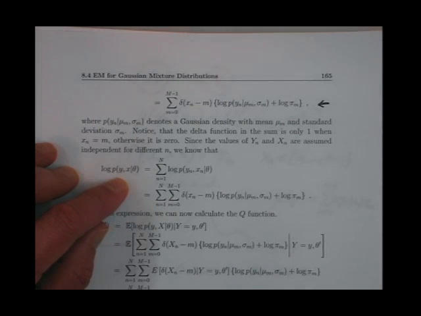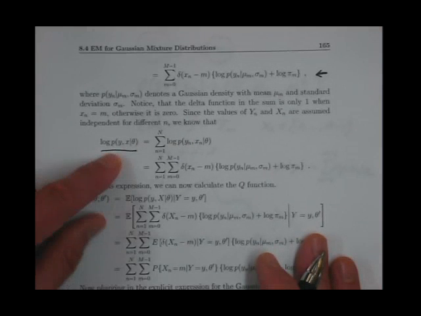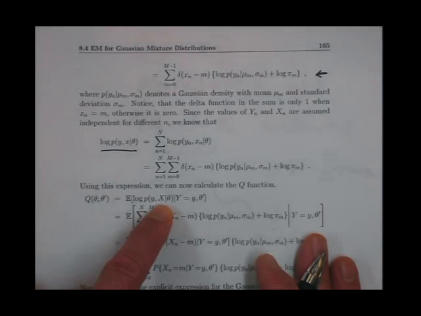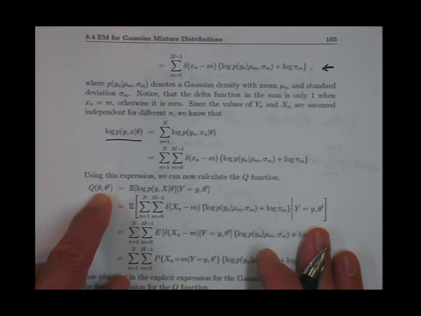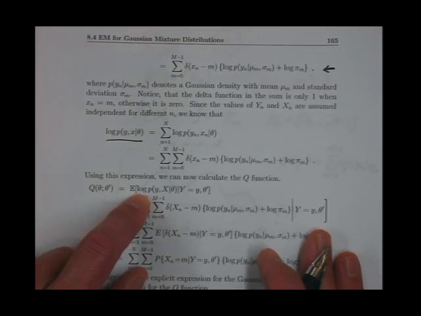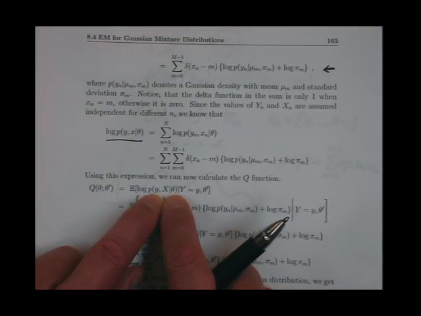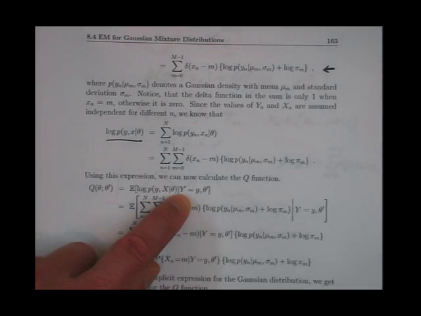So now, in order to compute the Q function, we have to take the expectation of that thing, right? So the Q function, Q of theta semicolon theta prime, is going to be the expectation of this log of the joint probability of y and x, where we take an expected value over x given y and theta prime, okay?